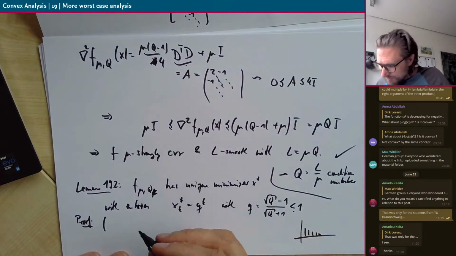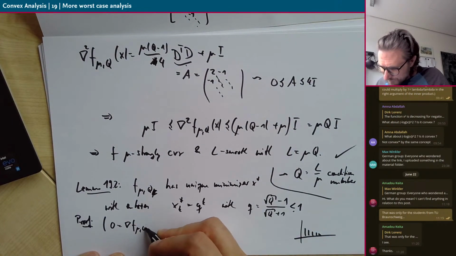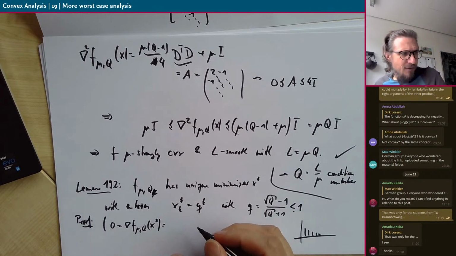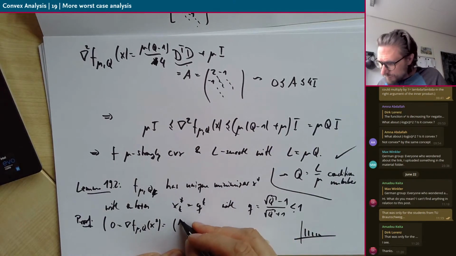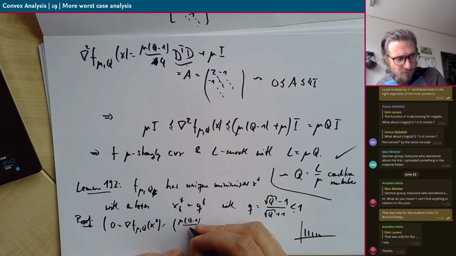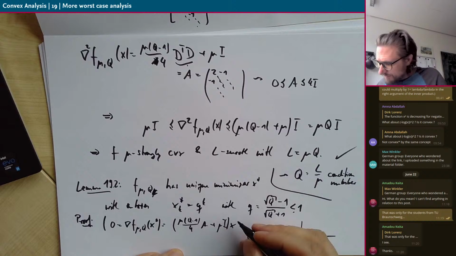So the optimality condition would be 0 is equal to the gradient of f mu q at x star, and this is, I didn't calculate the gradient, but it's also straightforward, mu times q minus 1 over 4 times A plus mu times identity times x star.